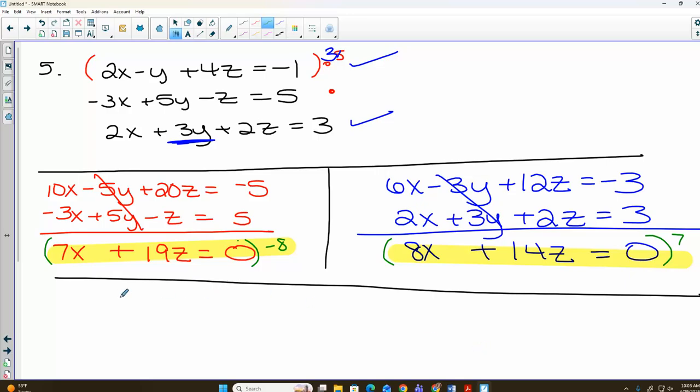So that gives me a negative 56x. What's negative 19, or sorry, 19 times negative 8?